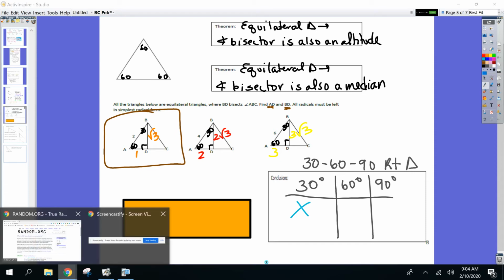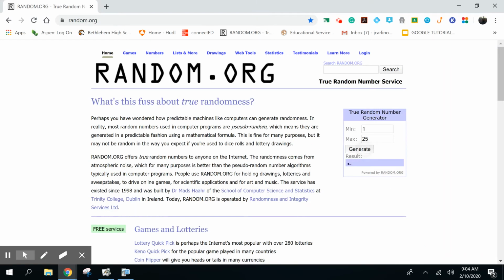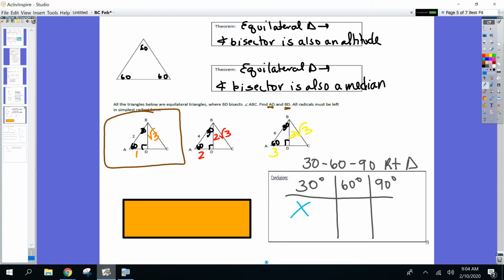What am I doing? Boom. What am I doing? Okay, ready? I'm going from 1 to radical 3. 2 from 2 radical 3. 3 to 3 radical 3. What am I doing to each of these sides to get here?